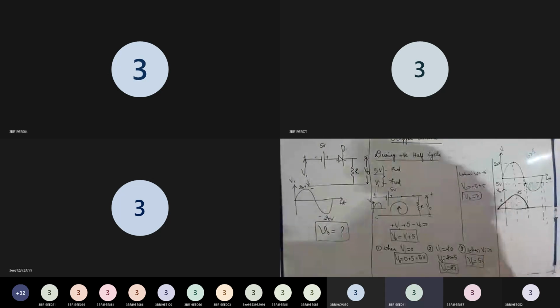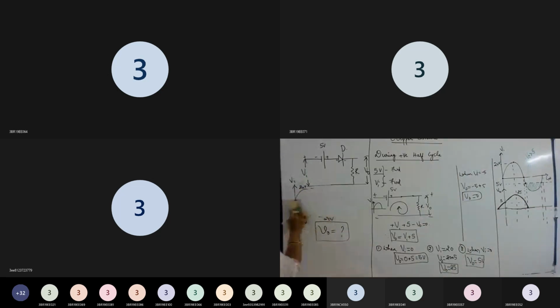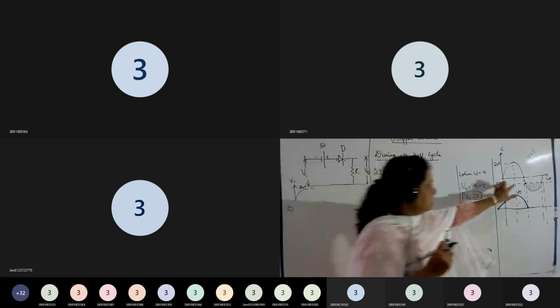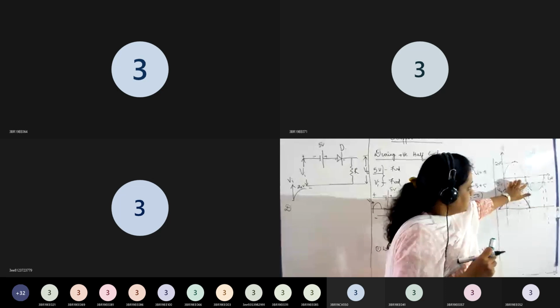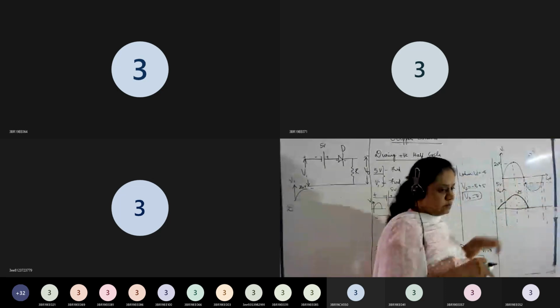So, that should be considered in the negative half cycle. I'll erase it here. I'll consider the negative half cycle in here, because we have reached the negative half cycle, so I'll consider this region. Okay?